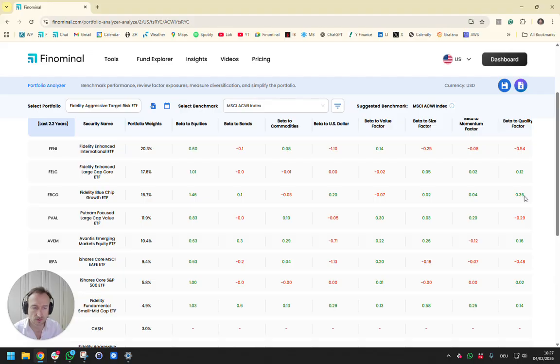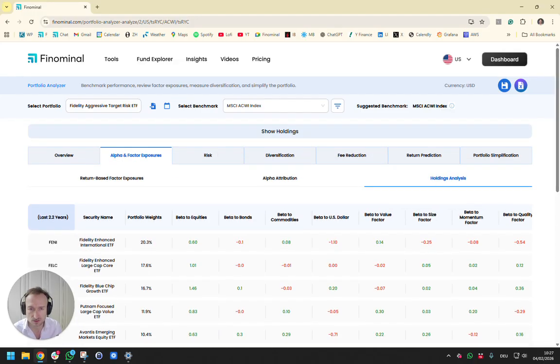The problem, of course, is if you combine positive and negative, the factor exposures net themselves off, and therefore the portfolio on a total basis has very small factor betas. And so that's why the risk analysis shows that factors didn't really matter for this portfolio. And the problem, of course, is that you pay higher fees for these funds than for just plain vanilla equity. And if the factor exposures net themselves off, you're just left with equity again, albeit at higher fees.